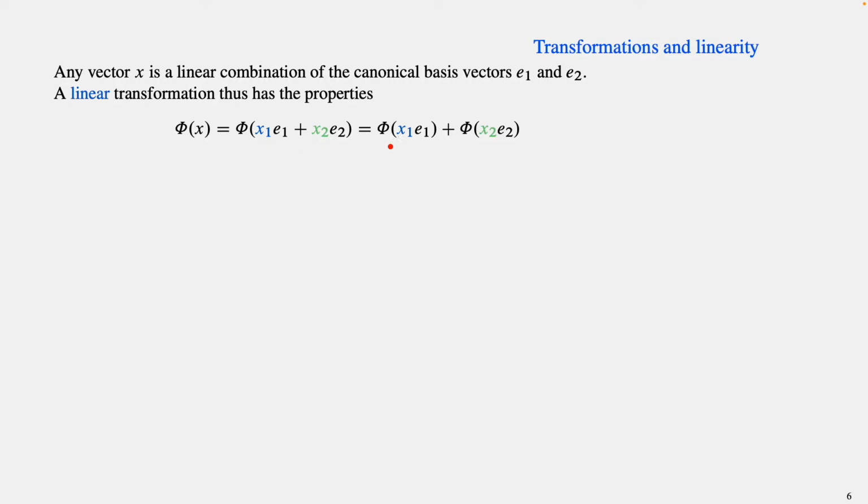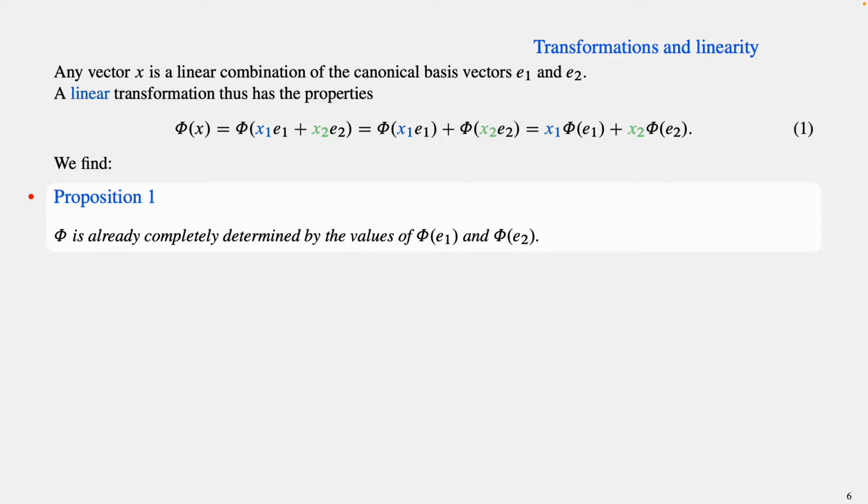First, this is the same as phi of x1 times e1 plus phi of x2 times e2, and now we can move the factors x1 and x2 out of phi in each case here. So this becomes x1 times phi of e1 plus x2 times phi of e2. And this is a very important formula here, so we give this a number, formula number 1.